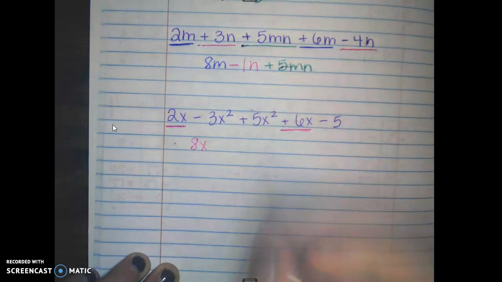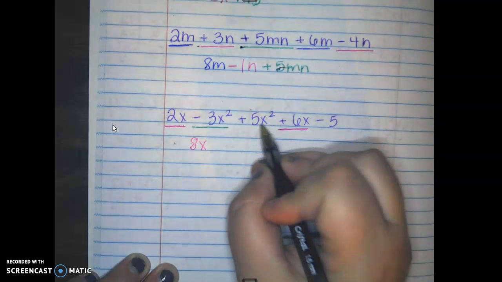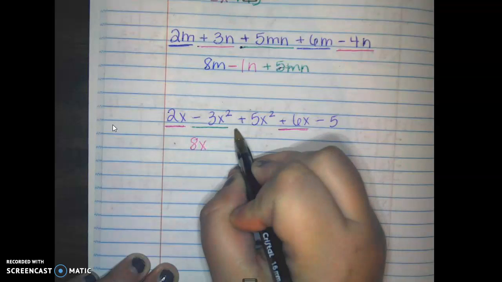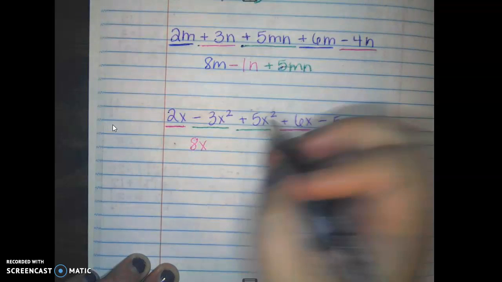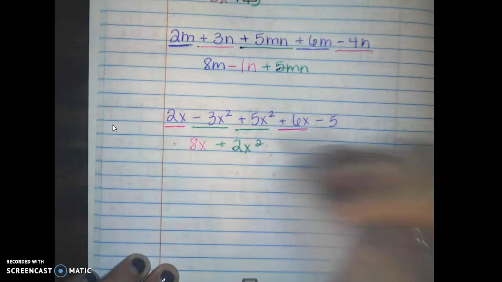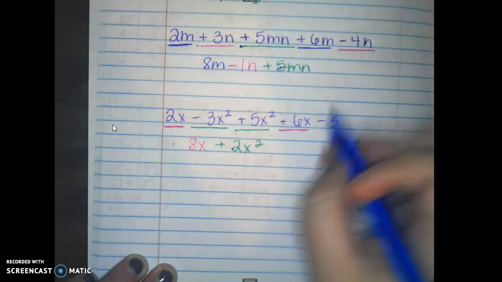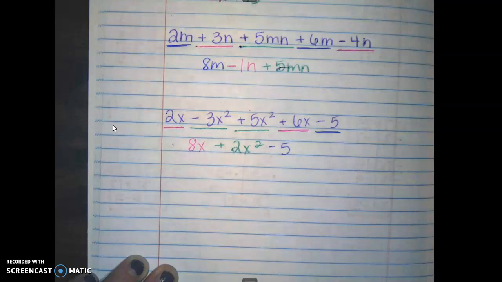And then I have negative 3x squared. This is an x squared, so that works. So positive 5x squared. Negative 3x plus 5x is positive 2x squared. And then my minus 5 is all by itself.